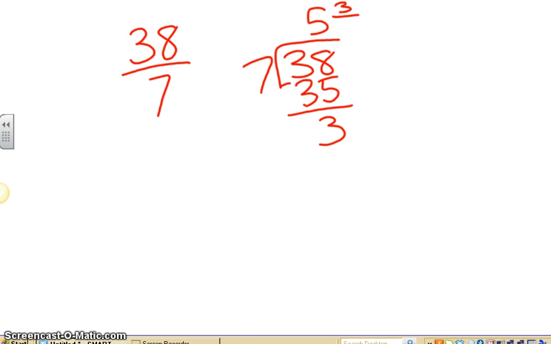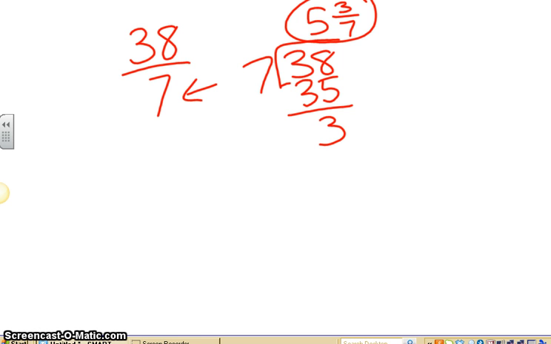So your numerator's 3, your denominator's 7, because your denominator doesn't change. So 5 3/7 is your converted fraction. So my advice is definitely to choose the division route. And yet again, this is another reminder of how beneficial it is to have your multiplication facts memorized. Otherwise, you could be here forever.